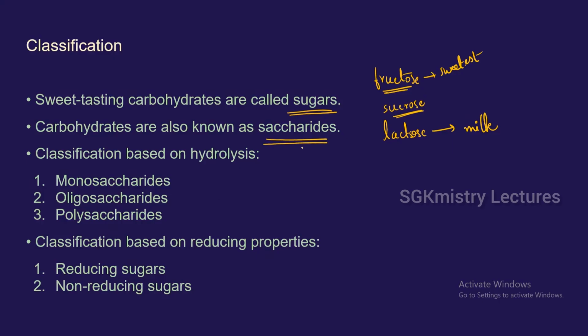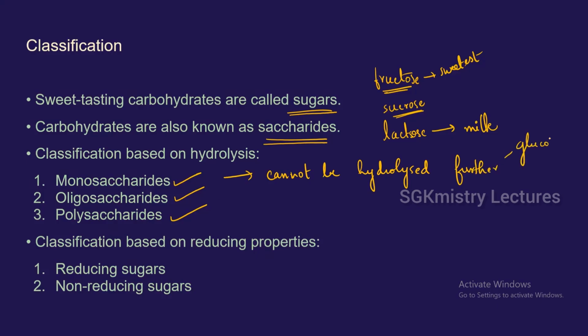Now let us look into the classification of carbohydrates. Carbohydrates can be broadly classified into monosaccharides, oligosaccharides, and polysaccharides. Monosaccharides cannot be hydrolyzed further. Simple examples are glucose, fructose, and ribose.